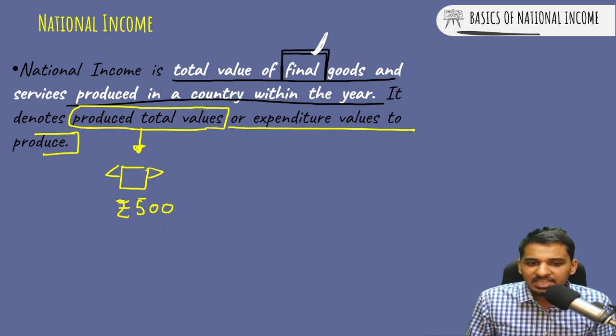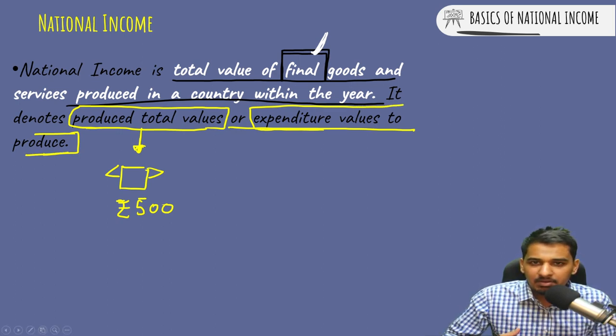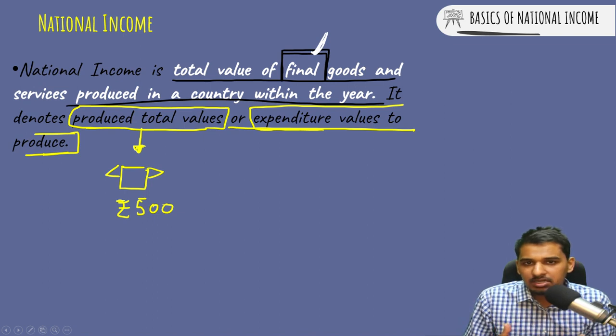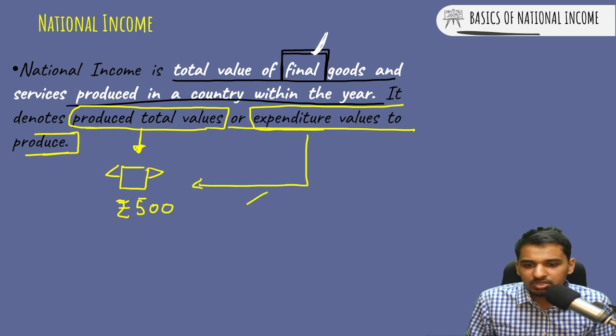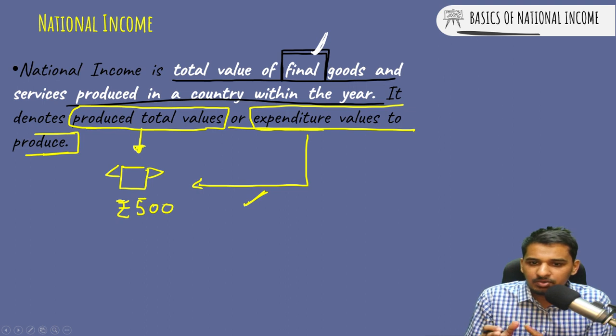Or the expenditure value of the produce, that is, how much cost you have incurred in producing this shirt. So it can be either the final value of the produce or the cost you have incurred.